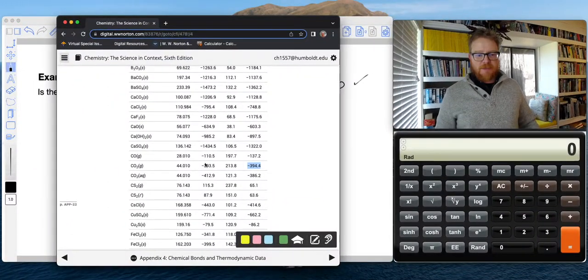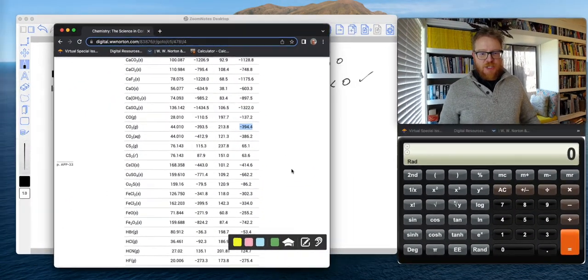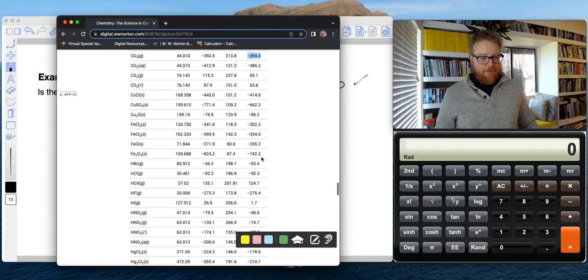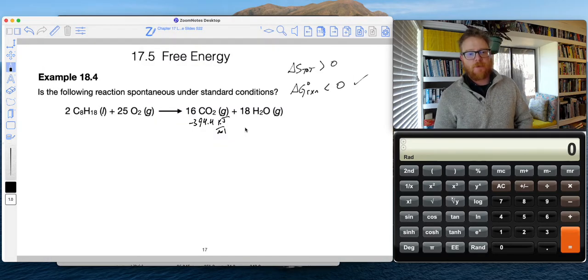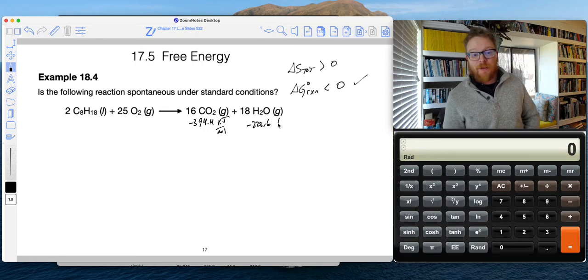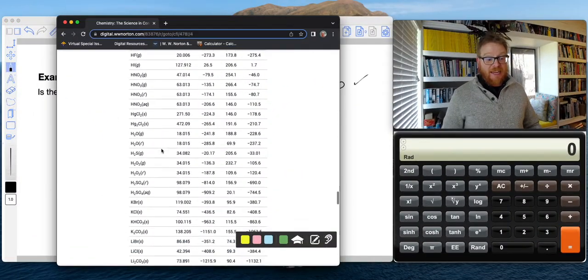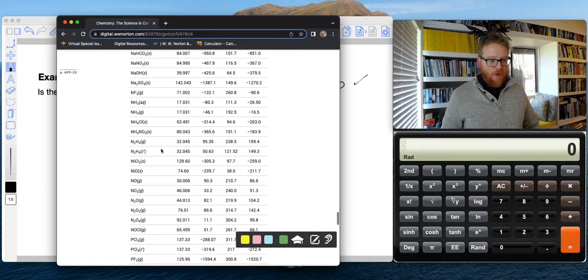So let's keep looking stuff up. We need H2O gas, and that should be, yep, here it is, H2O gas, negative 228.6. Now I need O2 gas, and I thought that would also be an inorganic compound.